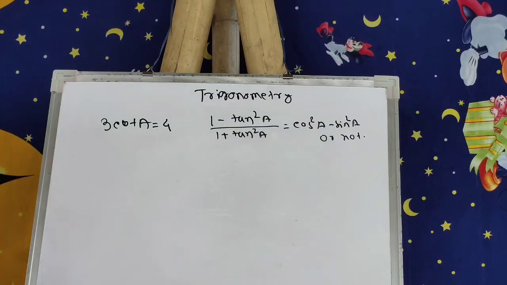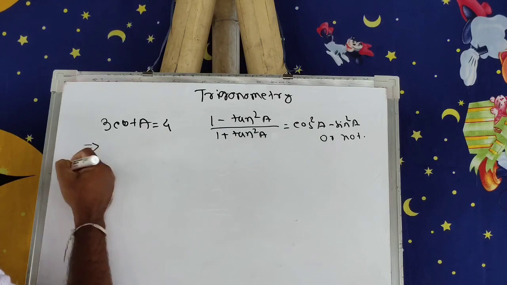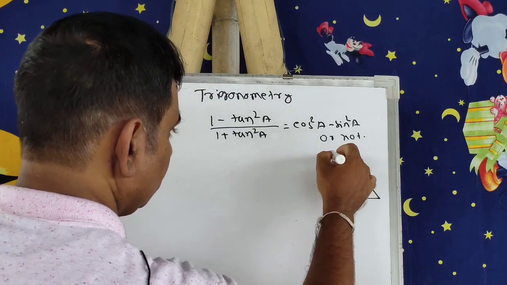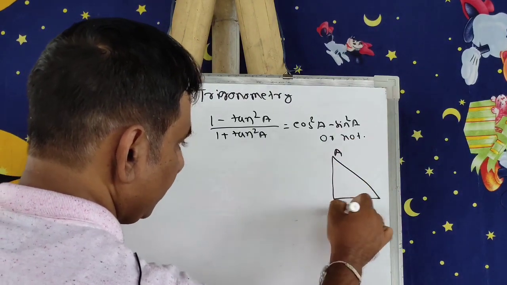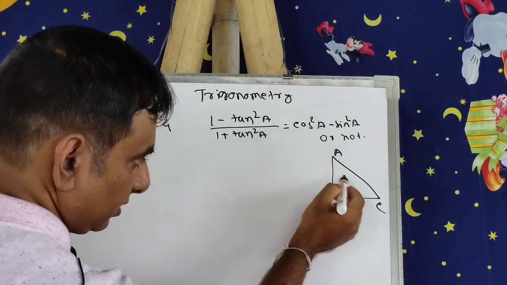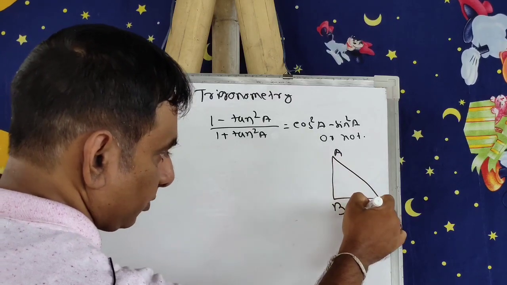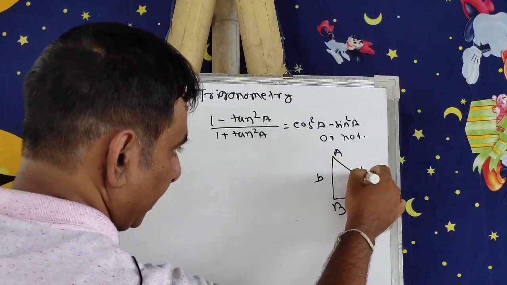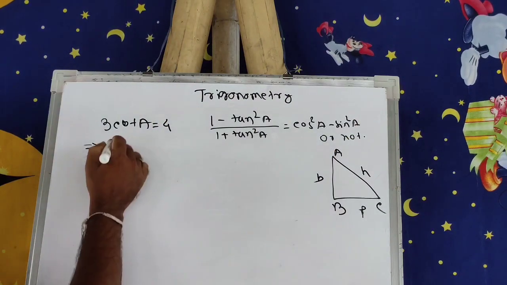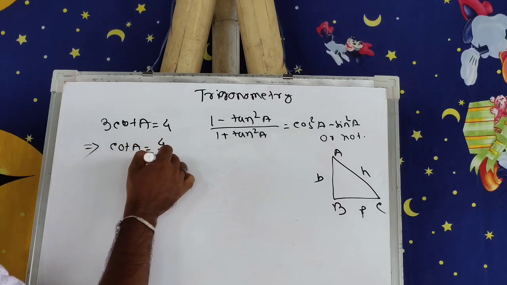So first, from this 3 cot A equal to 4, you need to find out the triangle. Let us say A, B, C. As I have explained to you, what is your perpendicular? This one or this one? Yes, this one will be perpendicular because this is the opposite side, this one will be base and this one will be hypotenuse. So cot A equal to 4 by 3.